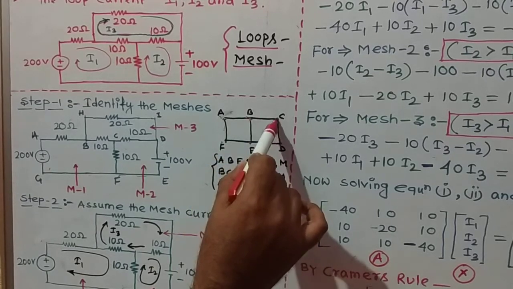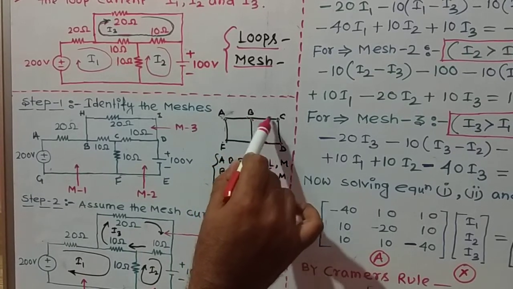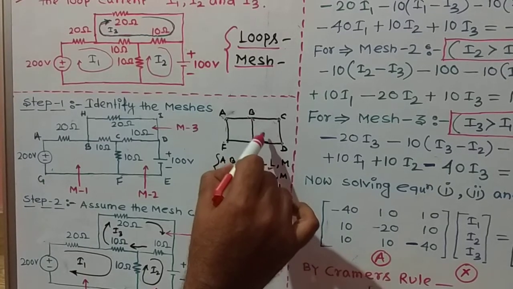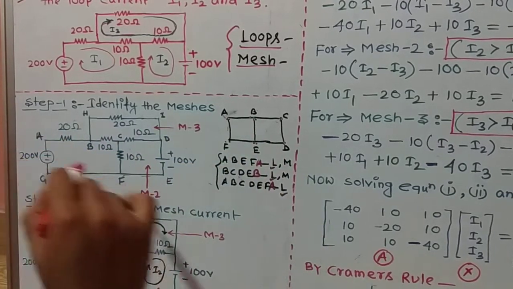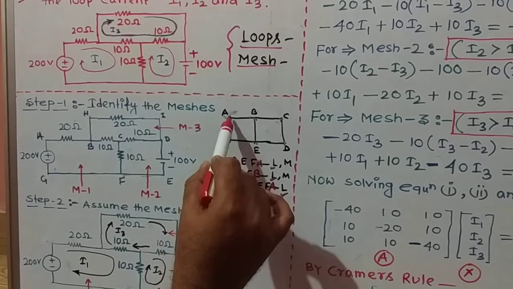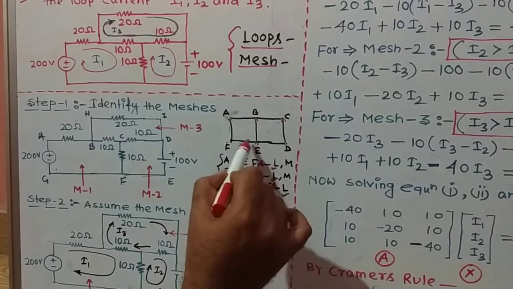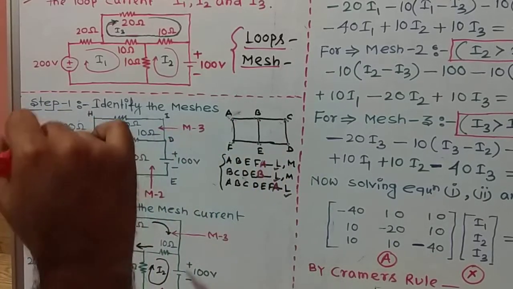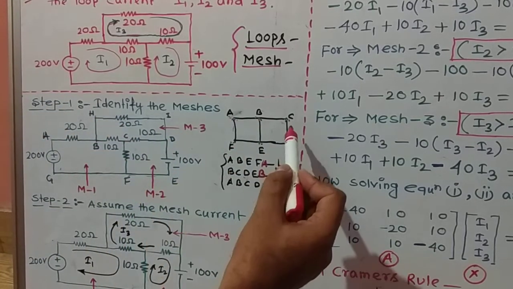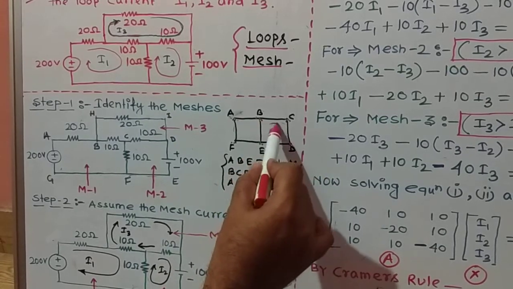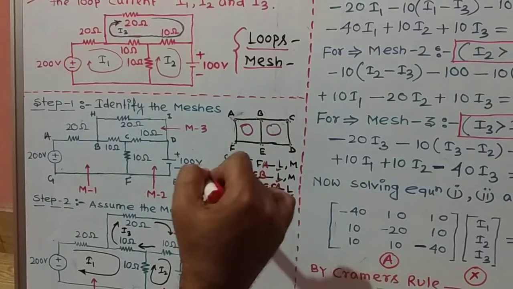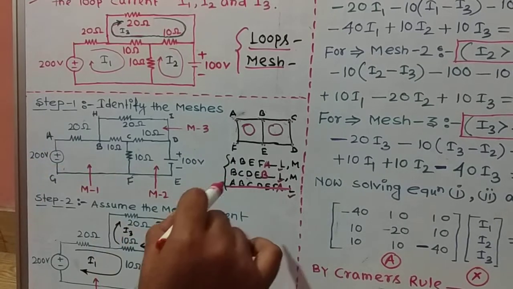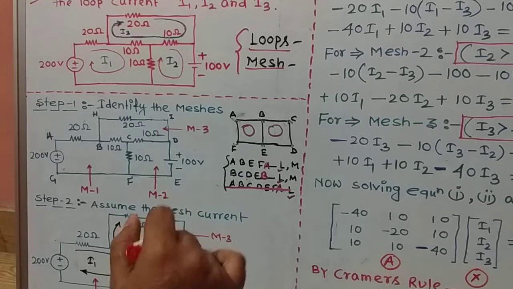Similarly, B, C, D, E, B is a closed form of a network which cannot be divided further into a loop. But A, B, C, D, E, F, A is not a mesh, because it can be further divided into these two parts, this part and this part. So this one is only a loop and it is not a mesh.